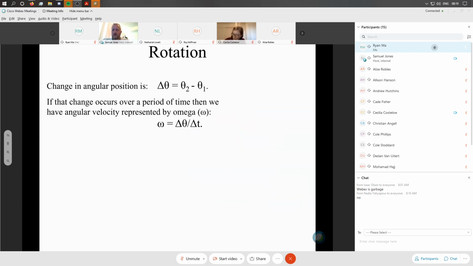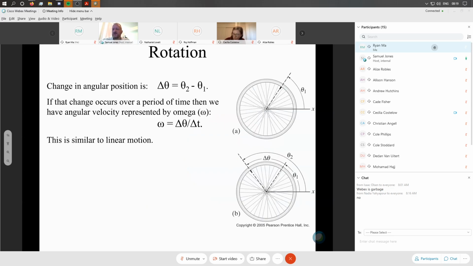Okay? Where's my picture? So let's say that I start out at this position, theta 1. And again, remember, theta 1 is measured as an angle counterclockwise from the x-axis. If I rotate from theta 1 to position theta 2, which is right here, then my change in angle would be theta 2 minus theta 1.